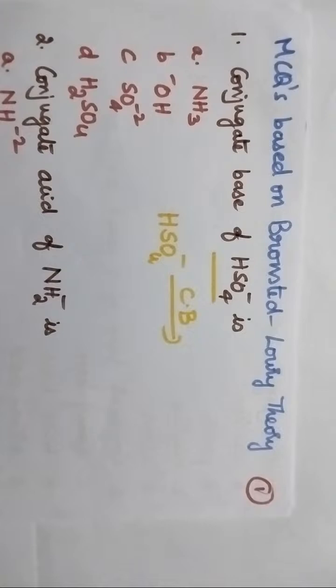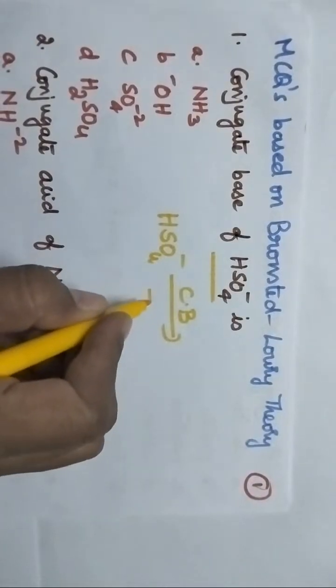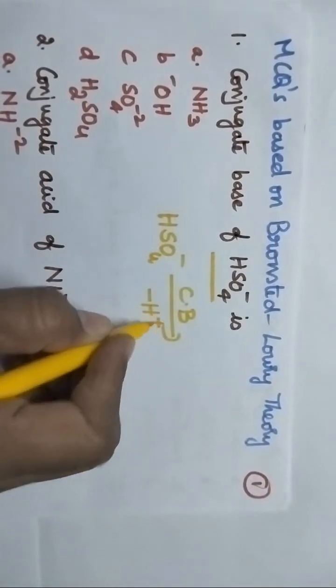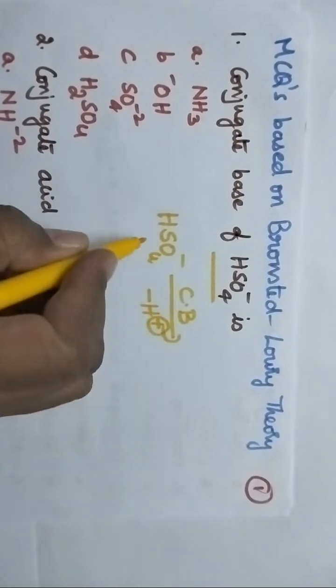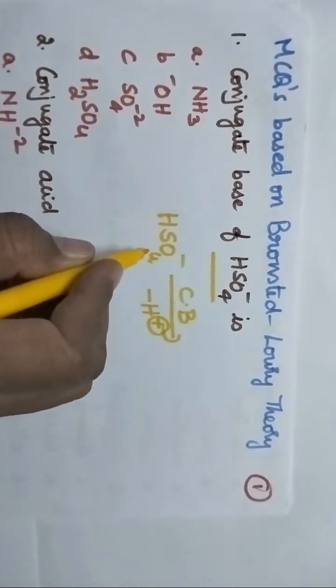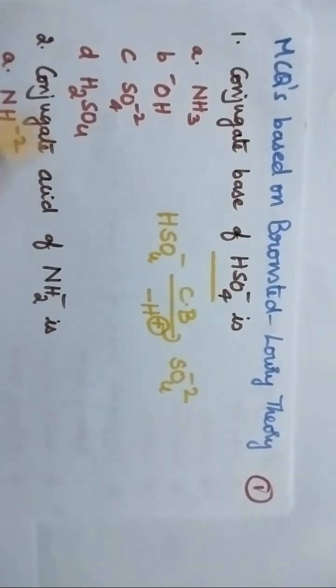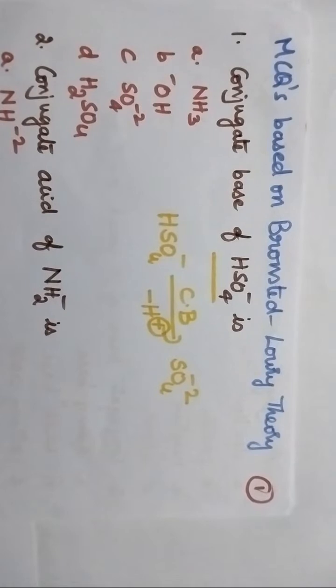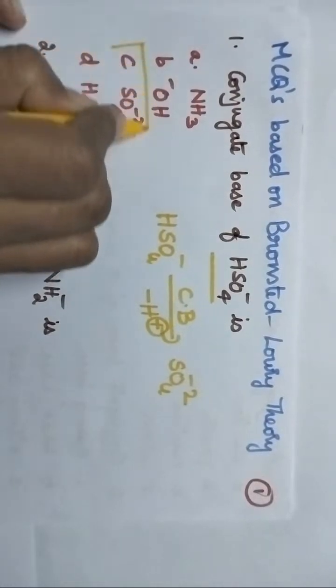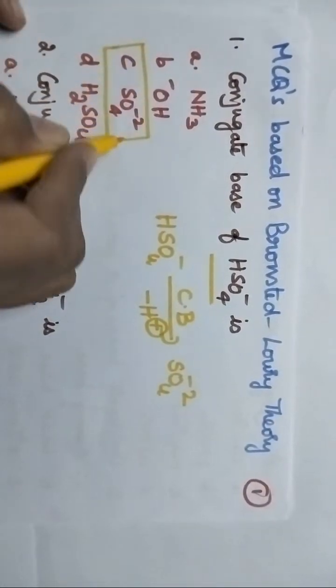Durga, carefully check your answer. Conjugate base means you have to remove a proton from the given substance. When you remove a proton from HSO4 minus, it becomes SO4 minus 2, and hence what is the right answer? Yes, very good. Option C is the right answer.